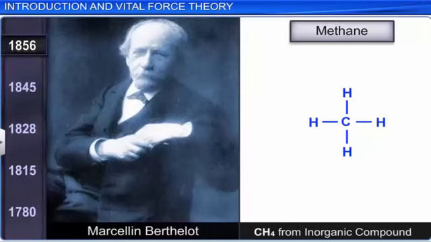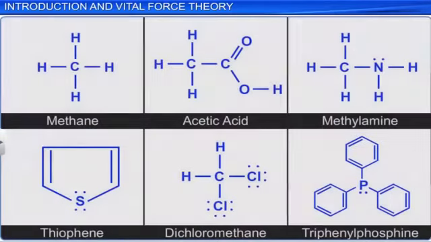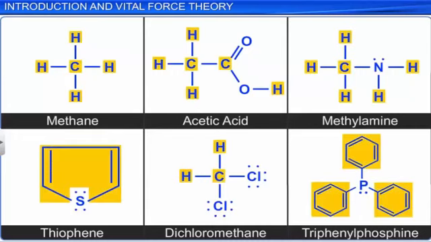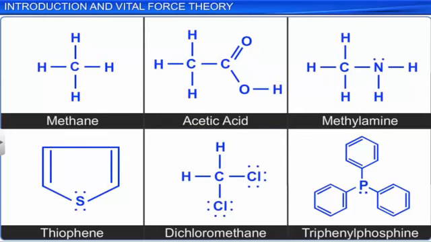A few years later, scientists found out that natural and synthetic organic compounds essentially contain carbon and hydrogen. And at times, they also contain other elements such as oxygen, nitrogen, sulfur, halogens, and phosphorus.